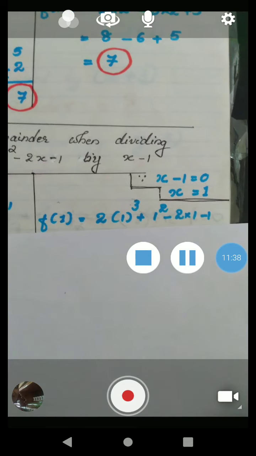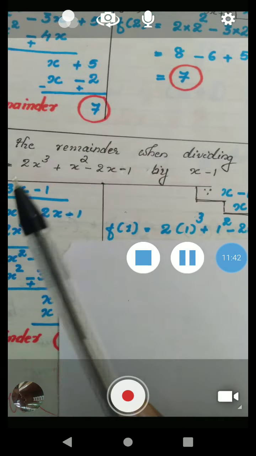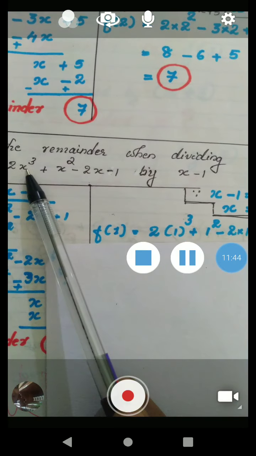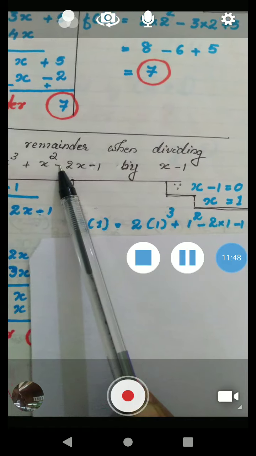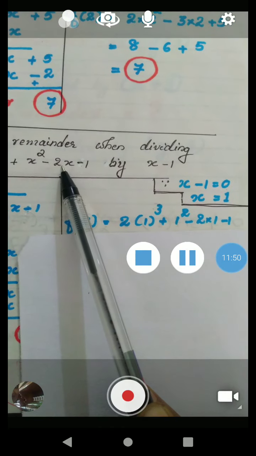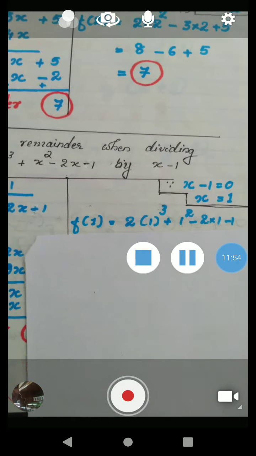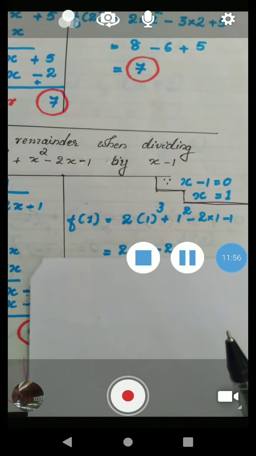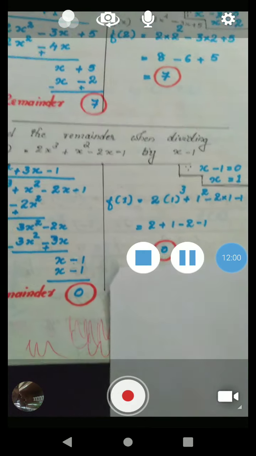Now find what is f of 1. f of 1 is equal to 2 into 1 cube plus 1 square minus 2 into 1 minus 1. When we simplify, we get it's also 0.